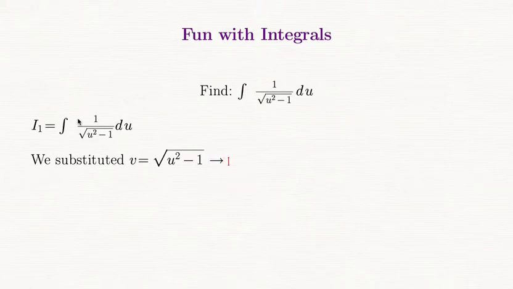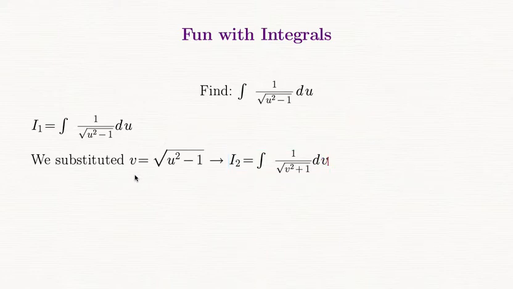Let's call this new integral in terms of v as I2. This became another integral, which was integral 1 over square root of v squared plus 1 dv.